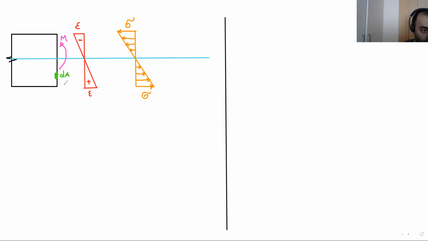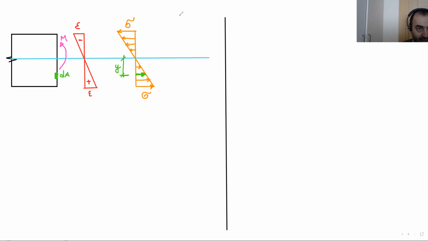If we follow the dA here, we're going to see the stress on it. The distance from the stress to the neutral axis, the blue line here, is y.